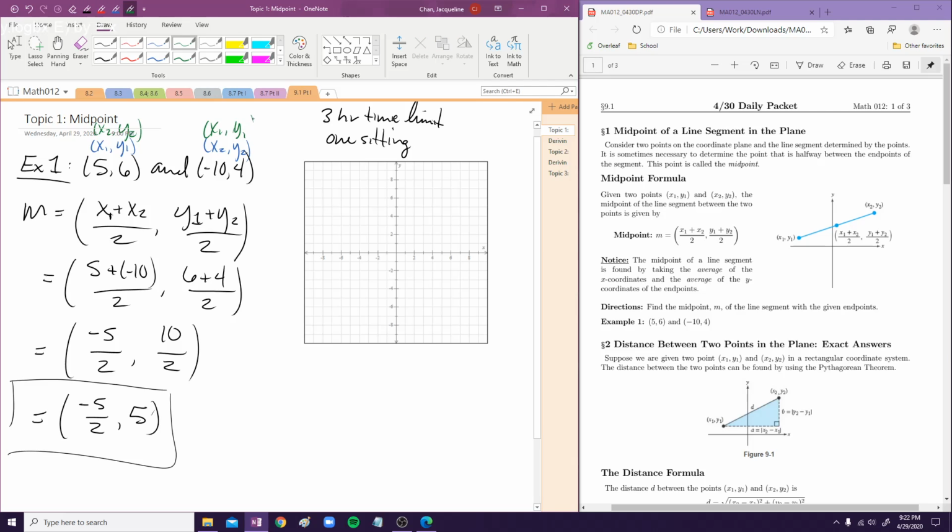Since we're just doing one example, I'll go ahead and do it. All right, I already wrote this down here, so I'm just going to plug it in. So x1 in this case is negative 10, then we add x2, which is 5 over 2, y2 is 6, and then y1 is 4 over 2.